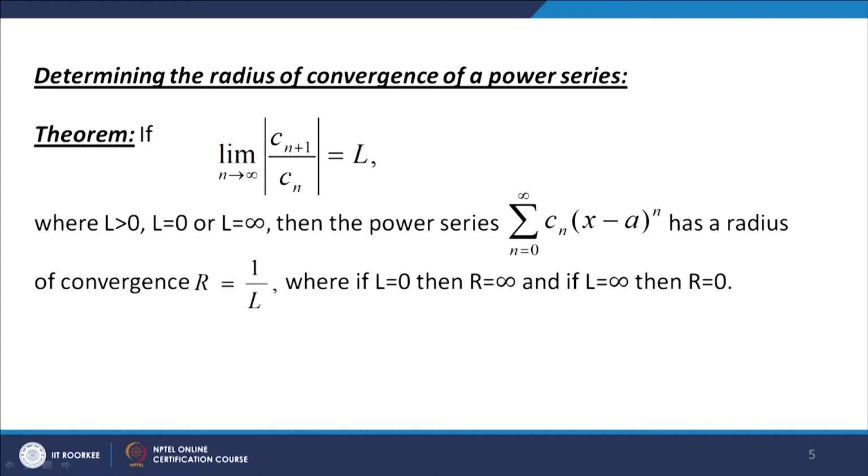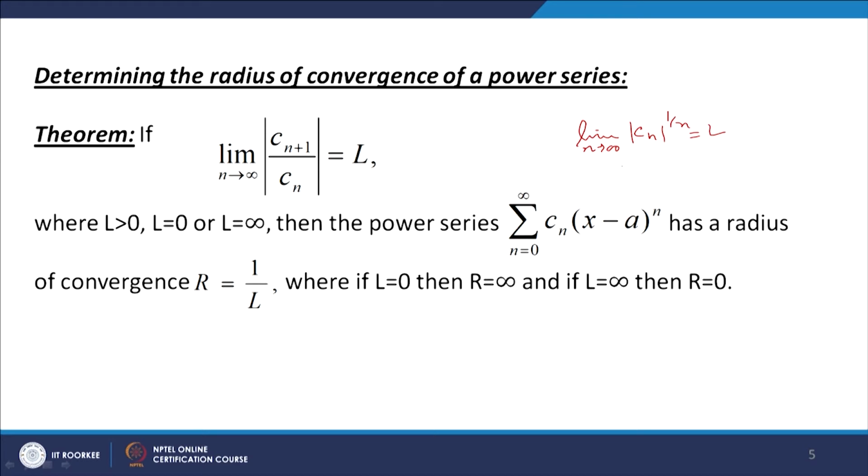In some cases we shall see that it is better to use, instead of this ratio test, the root test, that is we can find the limit as n tends to infinity of mod of Cn raised to the power 1 by n. If this limit is equal to L, then the conclusion of this theorem will also hold for this root test.